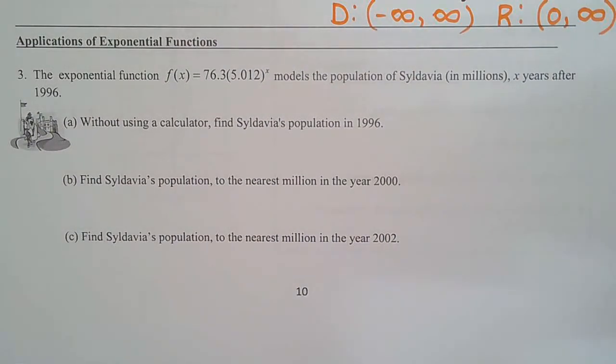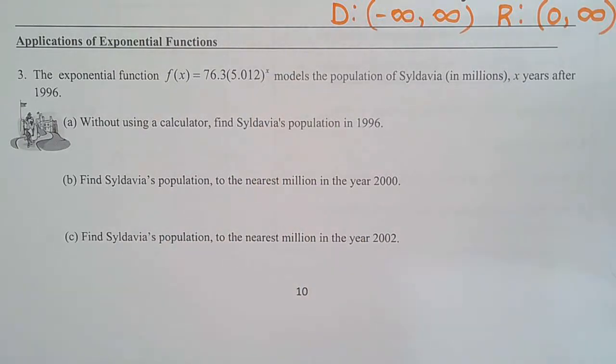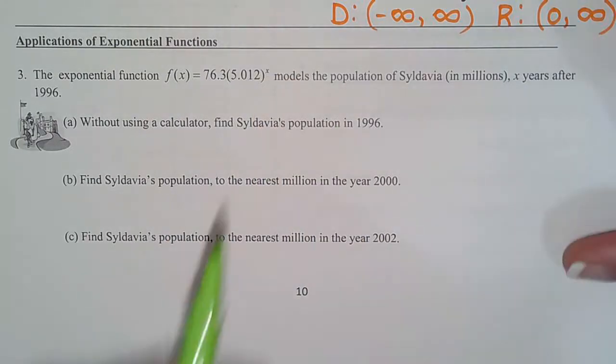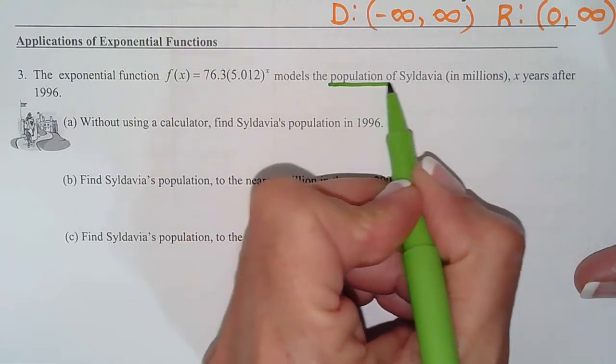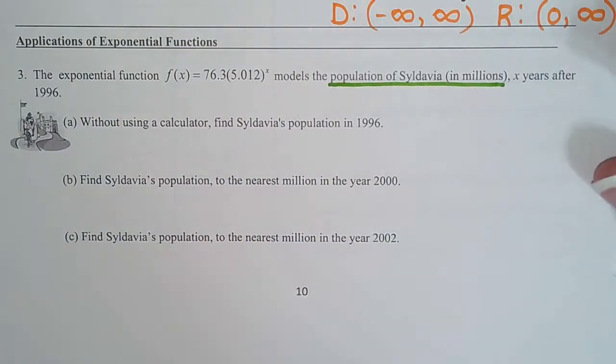f of x equals 76.3 times 5.012 to the x. So yes, it's an exponential function. It models the population of Soldavia in millions. That's pretty important. When you get an answer, you have to add 6 zeros because it's in millions.